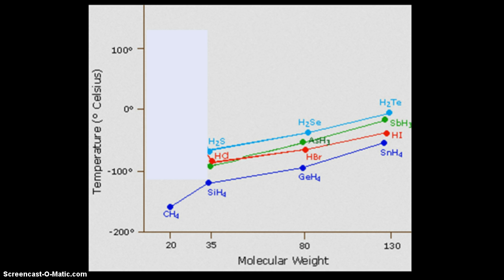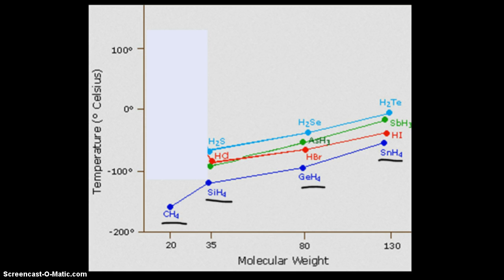And here we see a nice little chart referencing this. If you look at hydrogen bonding to different atoms, down here looking at the carbon group, group 14, we've got CH4, then SiH4, GeH4, SnH4. As the molecular weights are going up, so is the boiling point temperature.